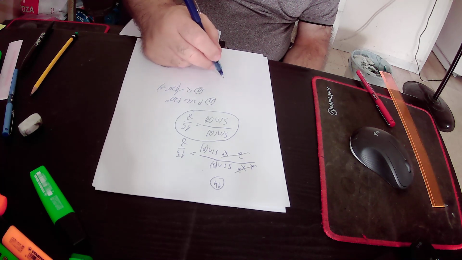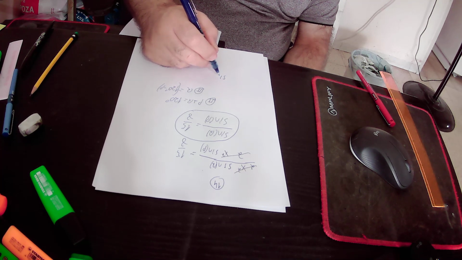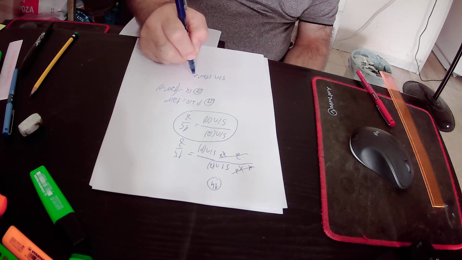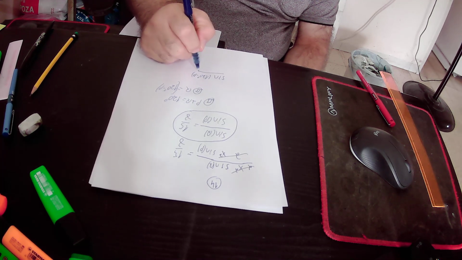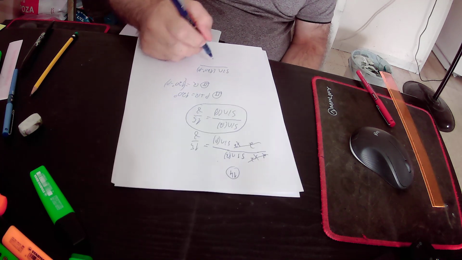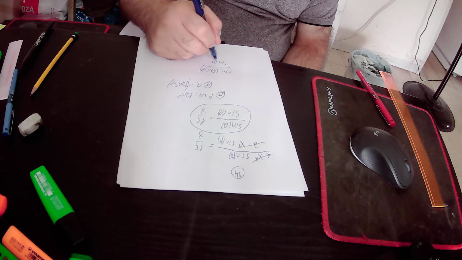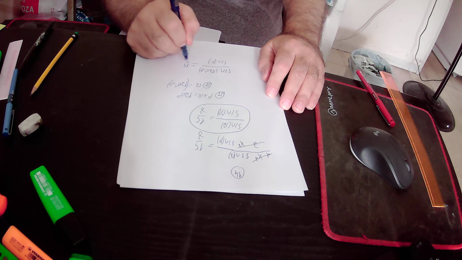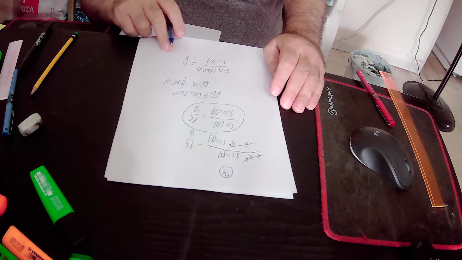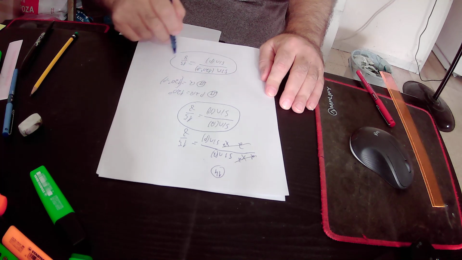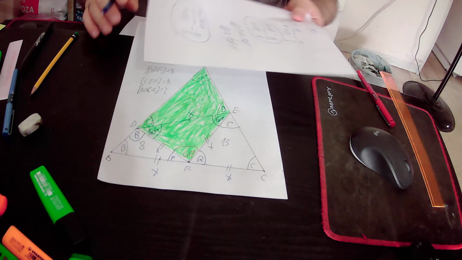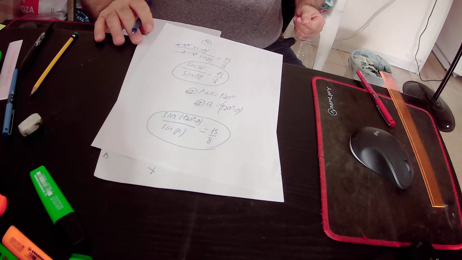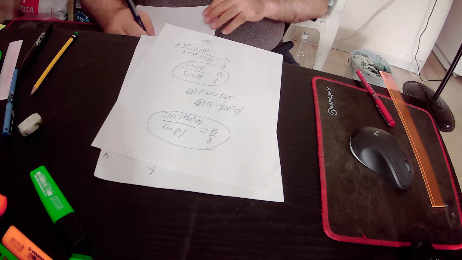We get sine of 120 degrees minus p over sine p equals 15 over 8.